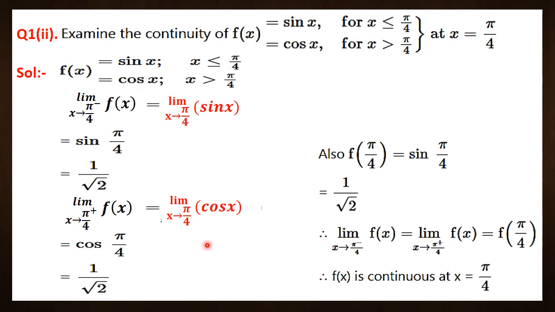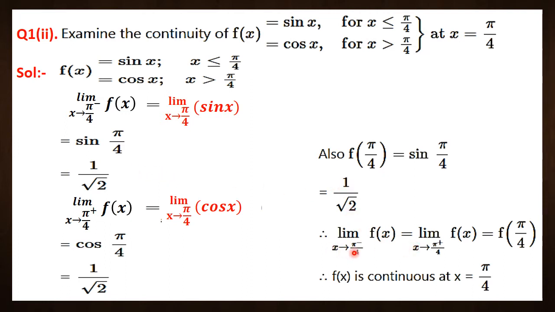Here, f of pi upon 4 means f of x when x is equal to pi upon 4. In the first interval there is an equal to sign also, meaning the function will be sin x when x is equal to pi upon 4 also. So we can write f of pi upon 4 as sin pi upon 4, which we have already got, that is 1 upon root 2.